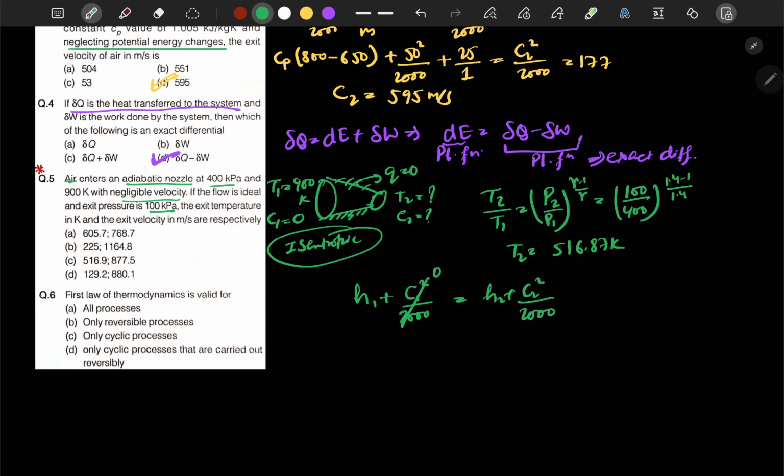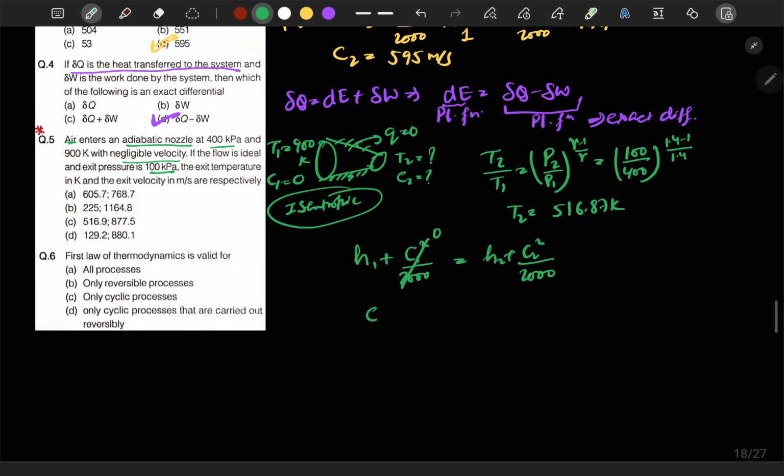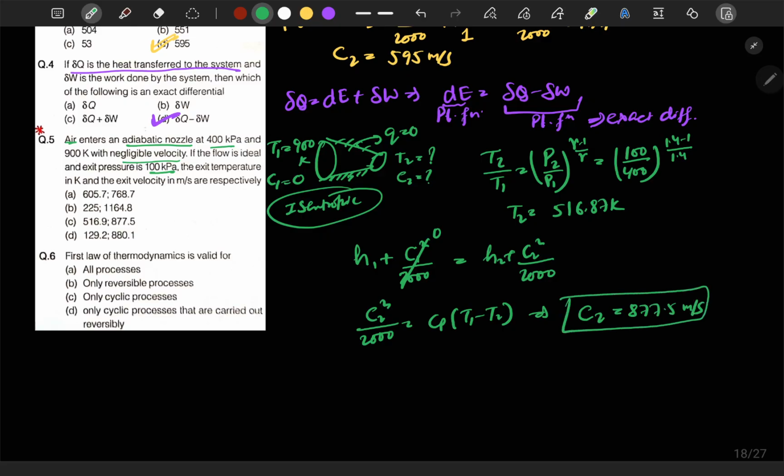Since C1 is negligible, that term is 0, and hence C2 square by 2000 is equal to Cp into T1 minus T2. When we substitute all the values, we get C2 to be 877.5 meter per second. So this is our answer, and option C is correct.